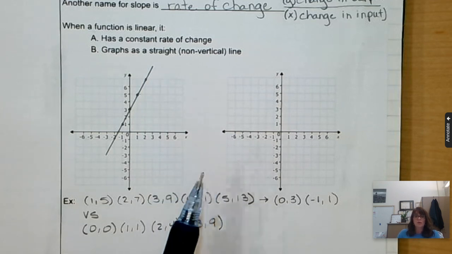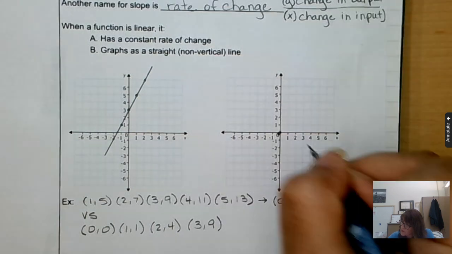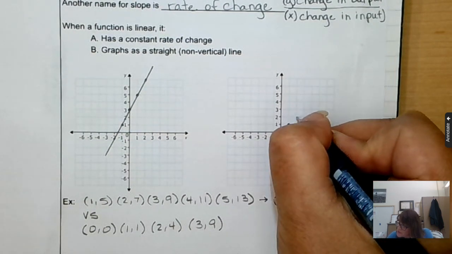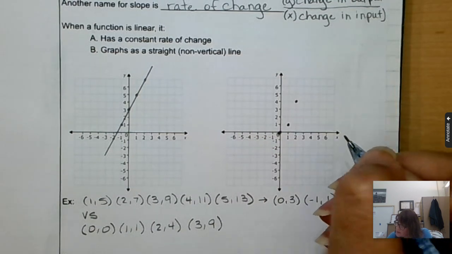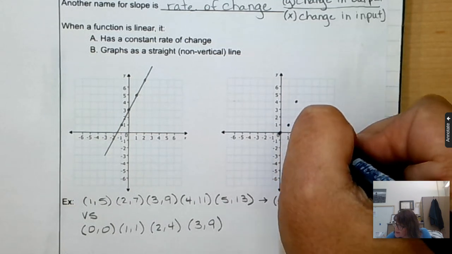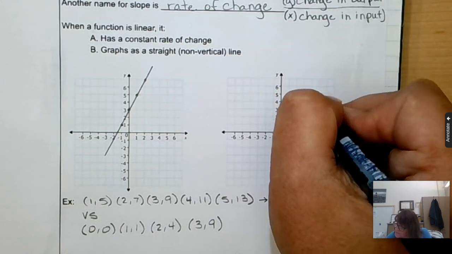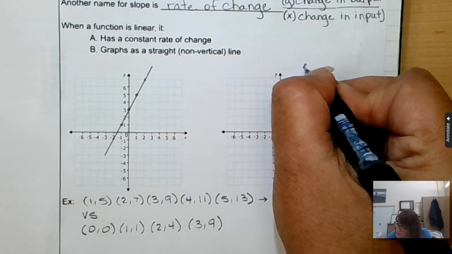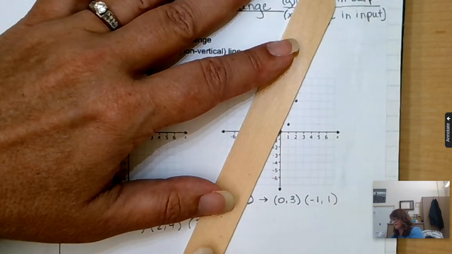On this second group of numbers, we're going to start at 0, 0. We're going to do 1, 1. We're going to do 2, 4. And we're going to go 3, and we can't even get all the way up to 9, but I'll guesstimate it. 7, 8, 9, it would be up here. Now, there is no way this makes a straight line.